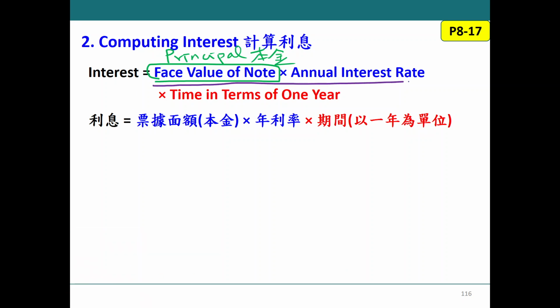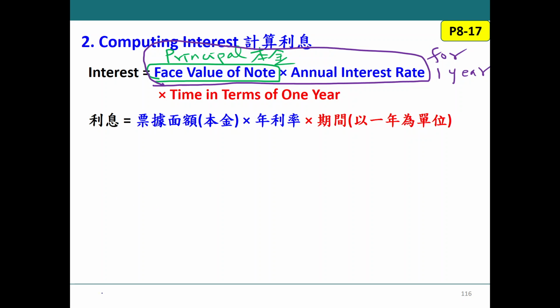So this is for 1 year interest. But maybe you borrow the money not for 1 year, maybe only 3 months, only 6 months, right? So don't forget, you had to consider how long, what's the period you borrow, okay?